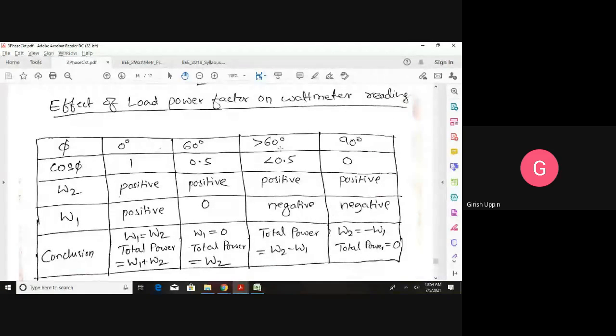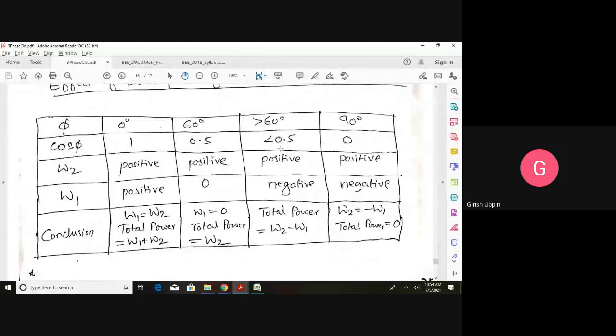Depending upon what kind of load we have, we take the angle φ. 0 degree means what? It's a resistive load. In case of a resistive load, the angle between the voltage and the current is 0. And this is either purely capacitive or purely inductive, because the angle between the voltage and the current is 90 degrees.